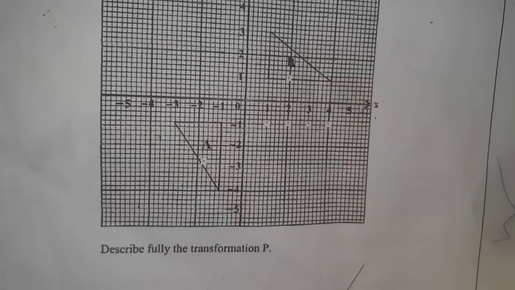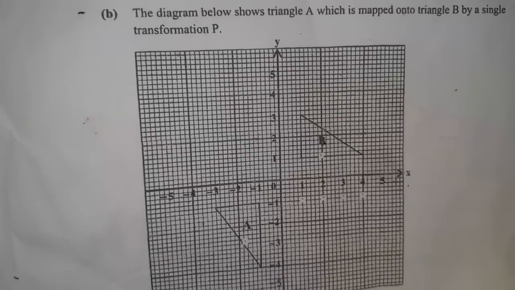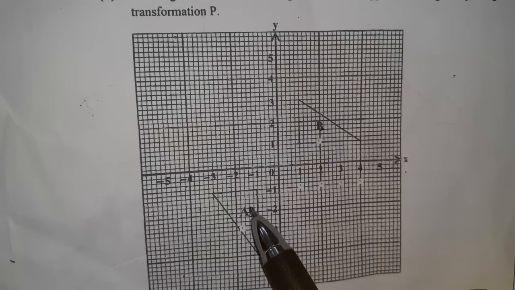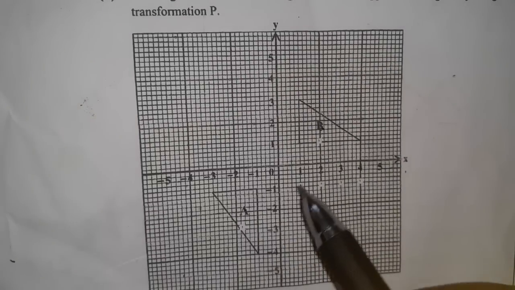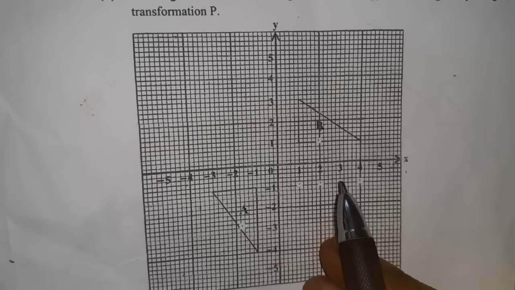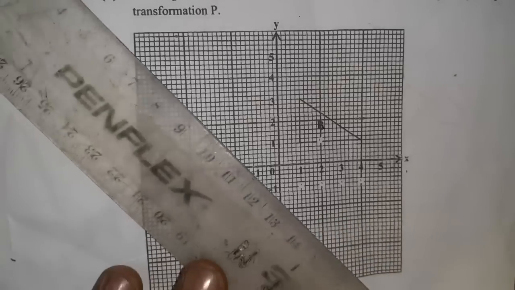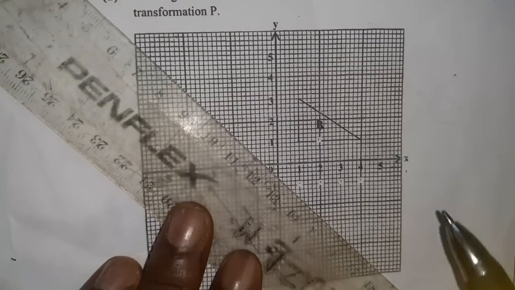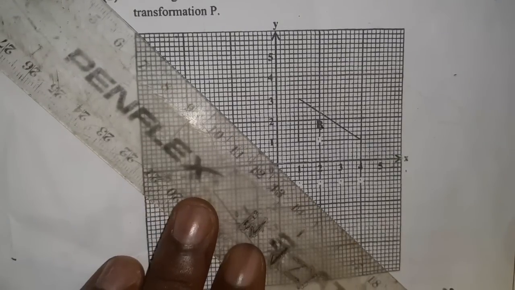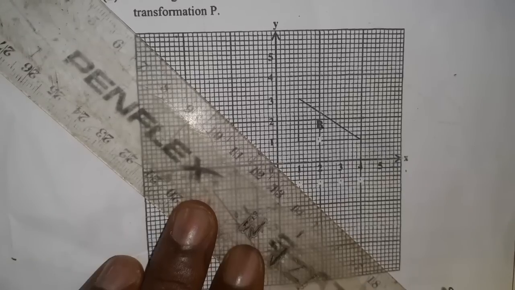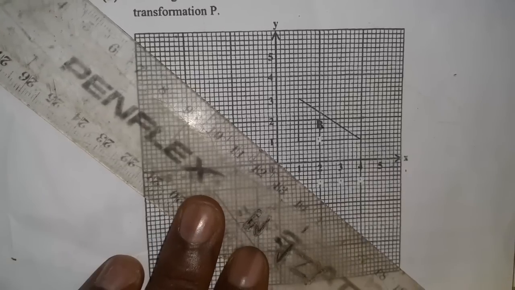Now, when you look at these two triangles, they are a mirror of each other. If we take this line here, all right, let me draw this line here.